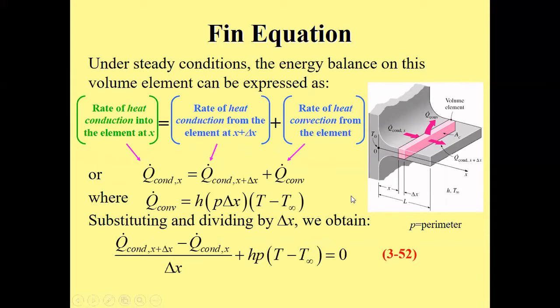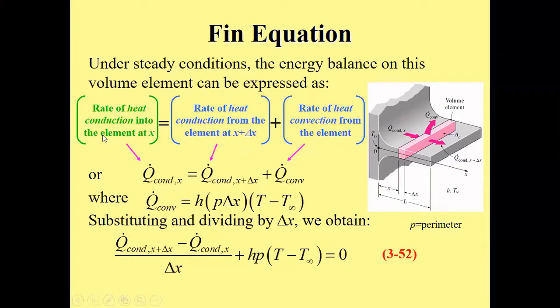It is important for you to be able to develop a fin equation. So, still under steady state condition, the energy balance for this fin element can be written like this.